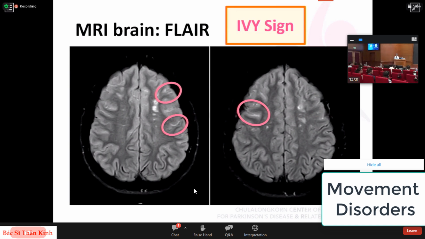Or are there any other tests that you would like to do? What else would you like to proceed with? For the Moya, I will check the DSA, and for the Sydenham chorea, I will check the ASLO.